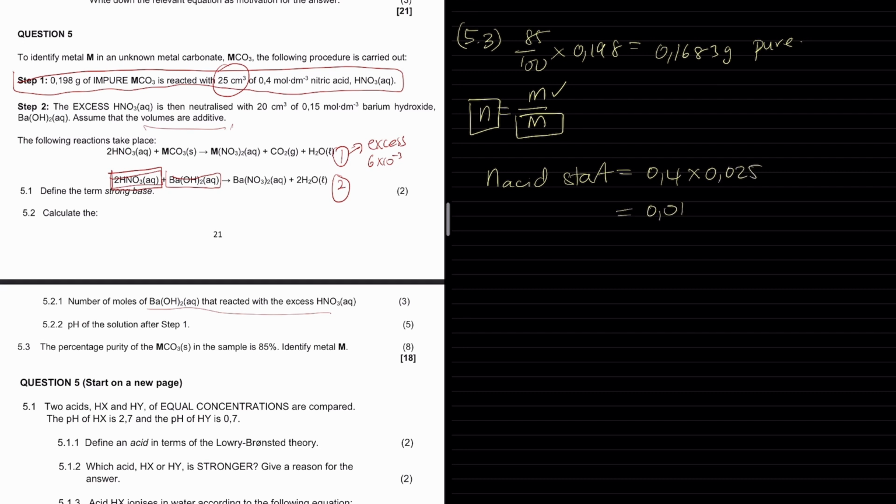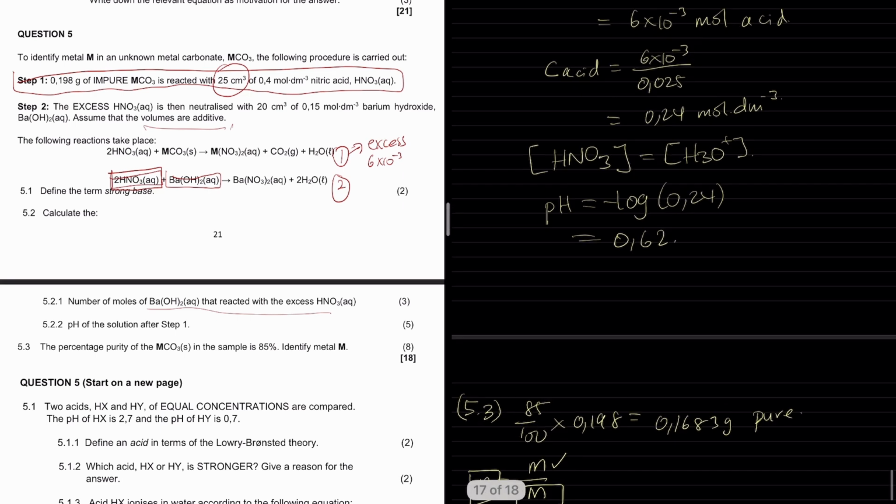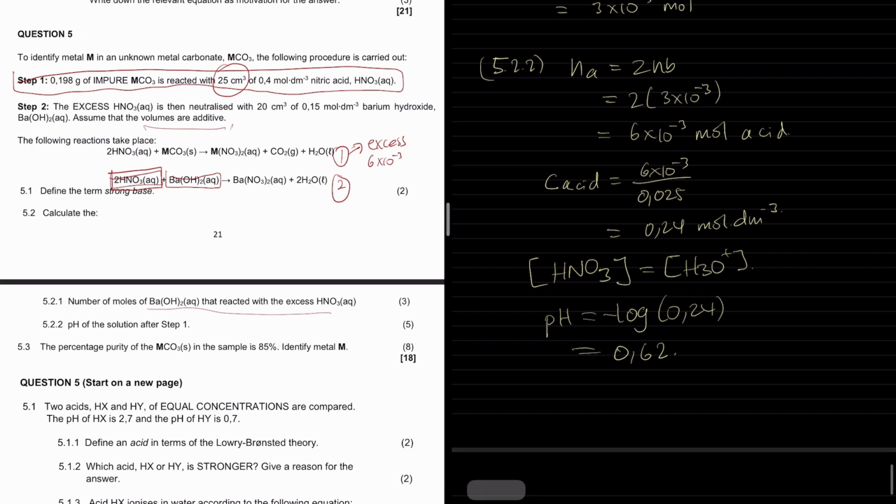So that's 0.01 moles. So this is the amount that I had at the start. The number of moles that I used in the second reaction is equal to 6 × 10⁻³. Yeah, we calculated it here.